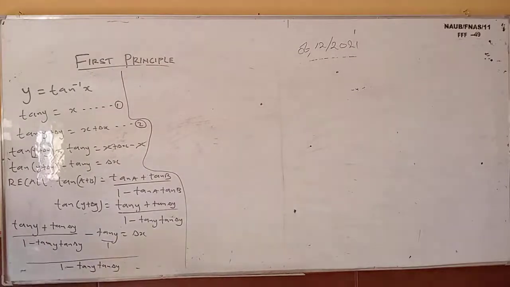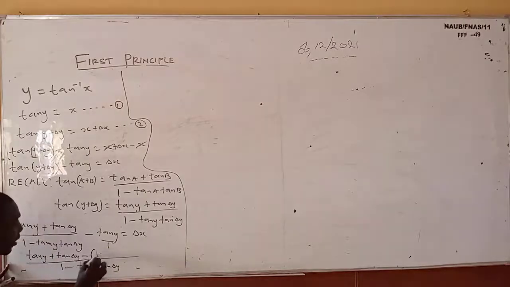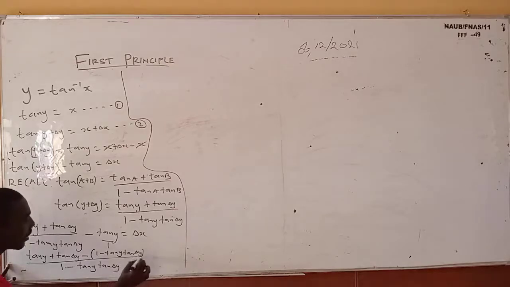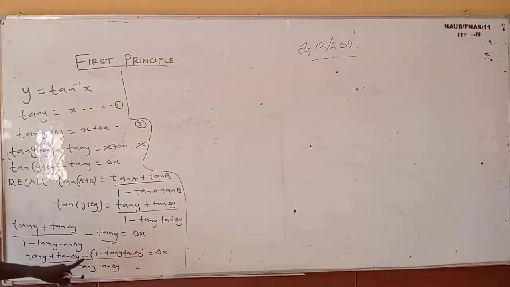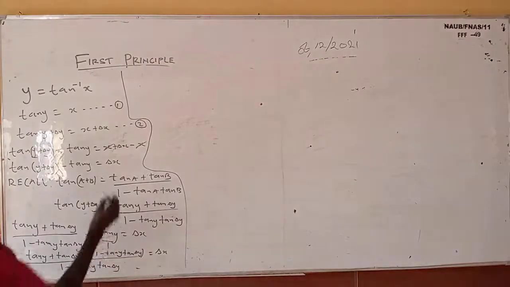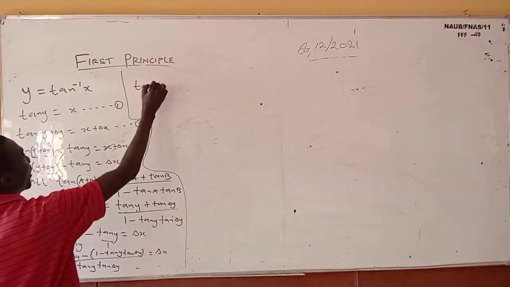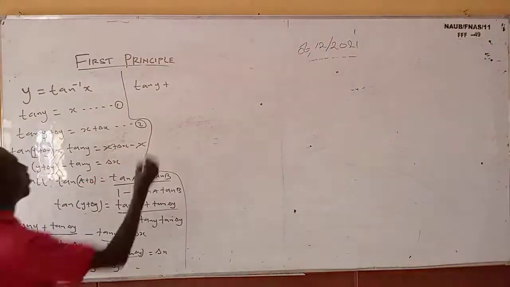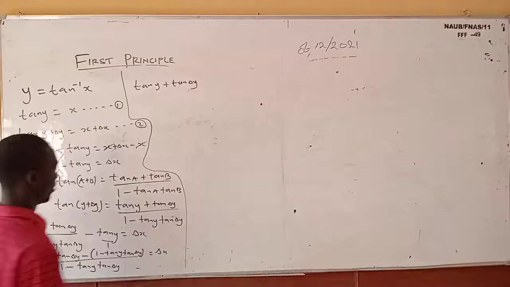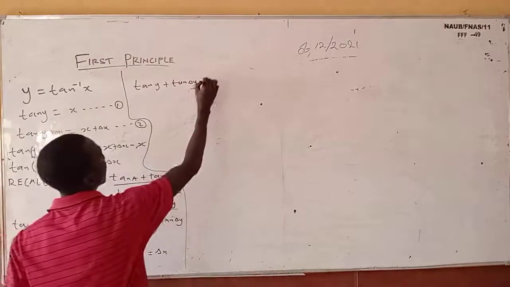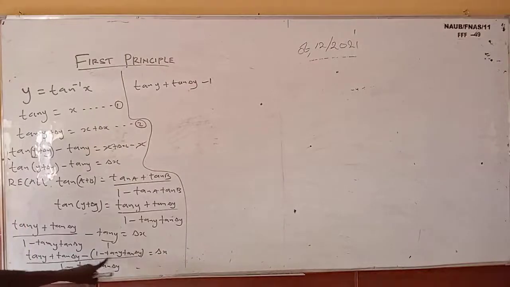So this in this is 1. 1 multiplied by everything here is still tan y plus tan change in y, minus 1 in this is this, so it's going to be 1 minus tan y tan change in y equals change in s. So minus will neutralize everything inside that bracket.